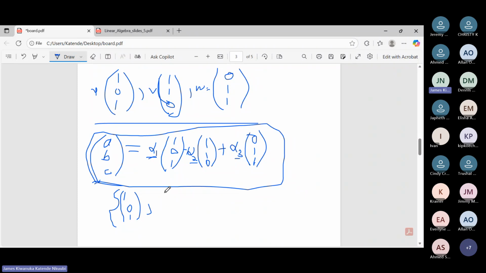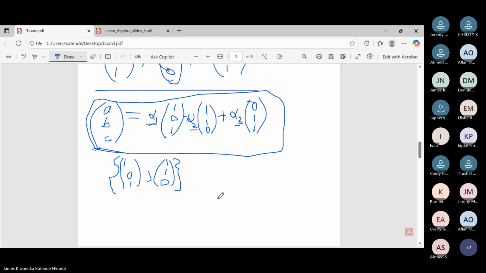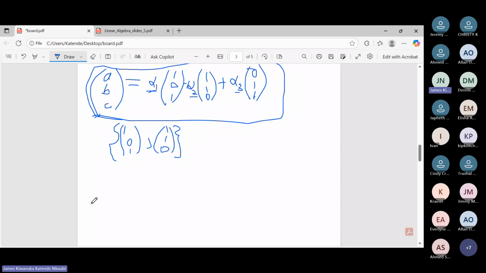We can drop any, and we still have the same effect of stopping this from being a basis. So now here is a new set. Your challenge for this second set: can you find a vector? You can find actual numbers in this case.